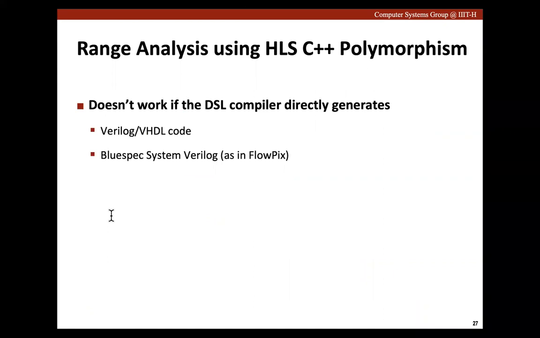Rather, we wanted to see how it would be if, instead of generating HLS code from the domain-specific language, Flowpix or Polymage, we generate Bluespec SystemVerilog code. Once we generate Bluespec SystemVerilog code, all this program analysis that comes for free with HLS code goes for a toss, and you have to work hard and write your own program analysis passes to get these ranges.